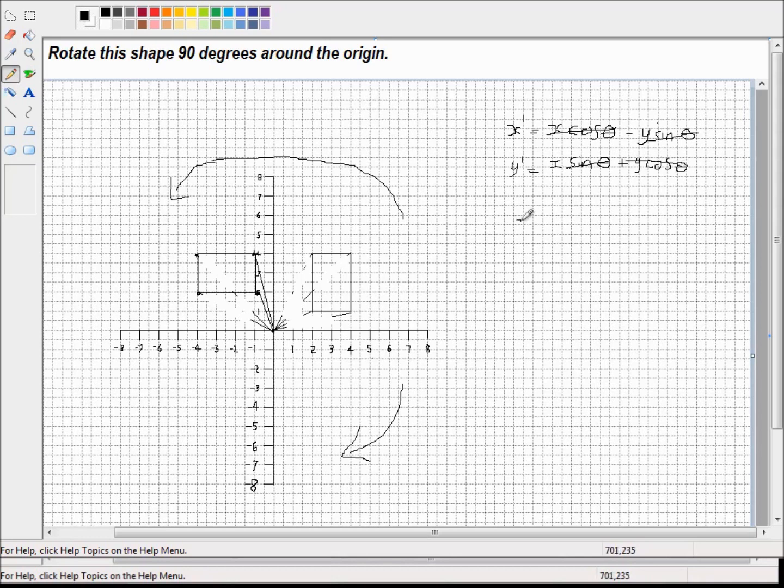So the x-coordinate of the image is equal to the negative value of the y-coordinate of the object, and the y-coordinate of the image is equal to the x-coordinate of the object.